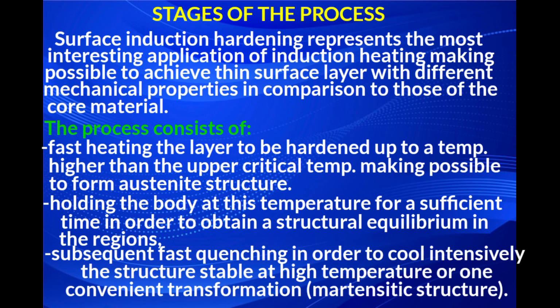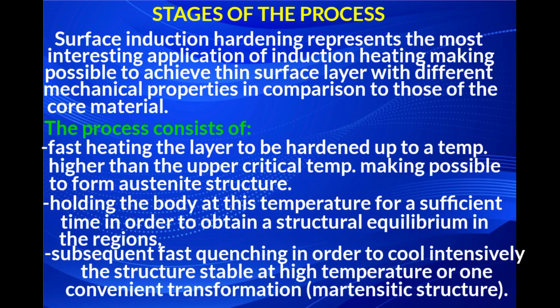So, surface induction hardening represents the most interesting application of induction heating, making it possible to achieve a thin surface layer with different mechanical properties in comparison to those of the core material.